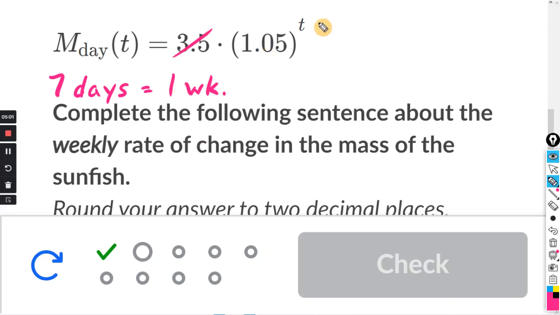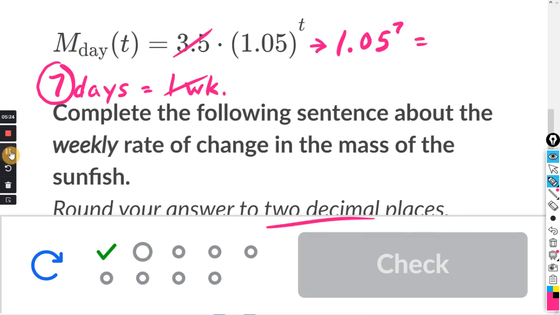We cannot plug in 1 week for t because t is in days. Okay, so we need to plug in 7 in place of t because 7 days represents a week. So we are looking at 1.05 to the power of 7. And we're going to round to 2 decimals.